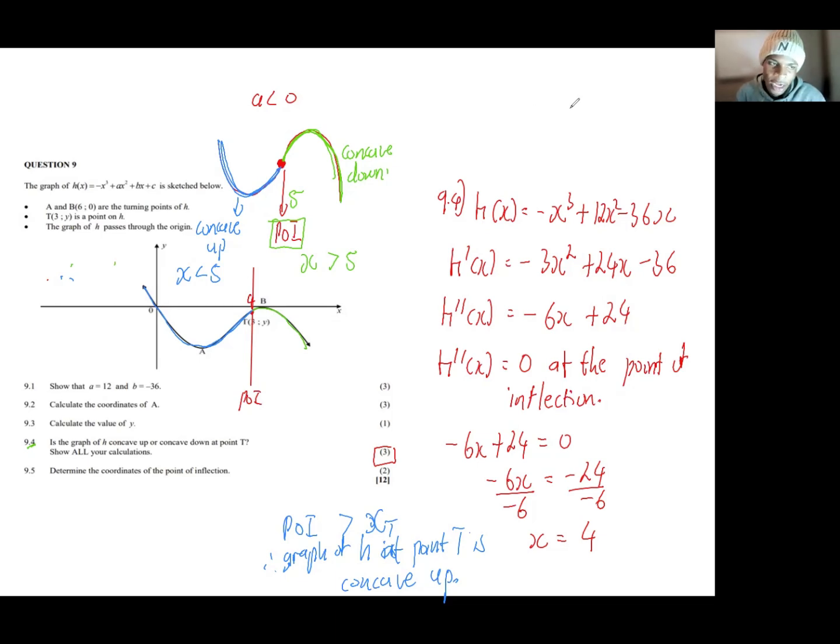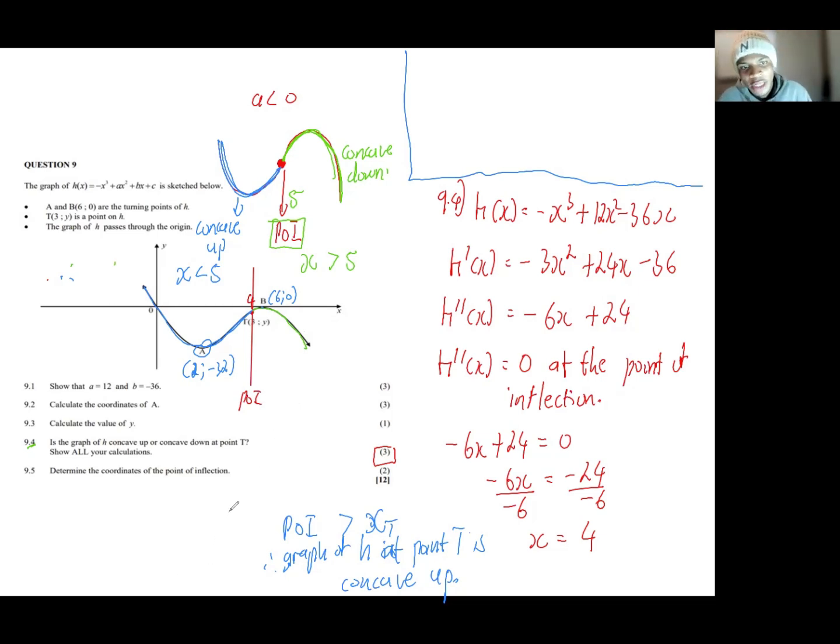Now, there's also another easier way to calculate the point of inflection. Other than calculating the second derivative, you can simply say, I already have the coordinates here. So this gave me 2, negative 32, and the B value is just 6, 0.